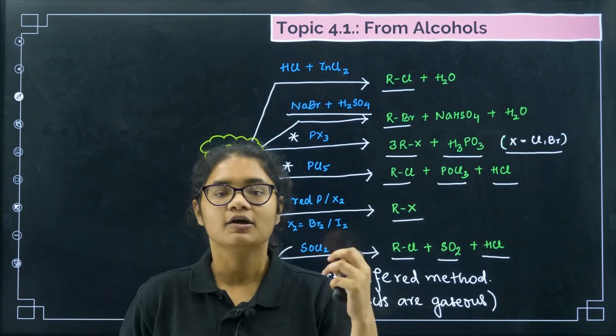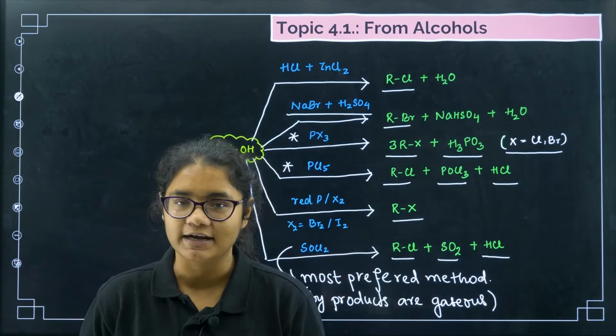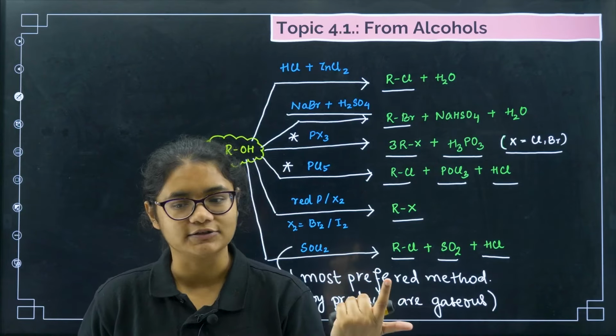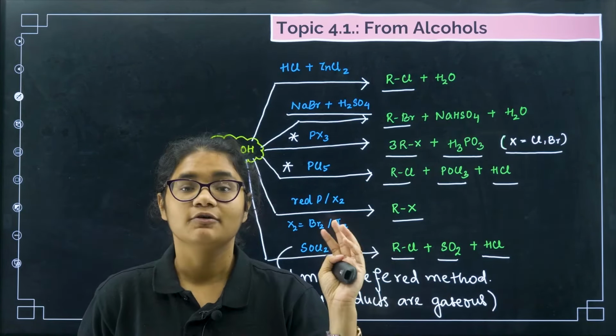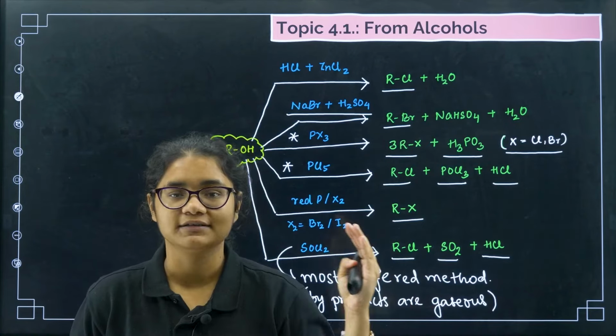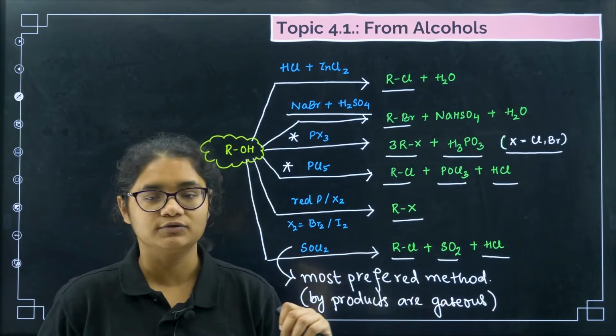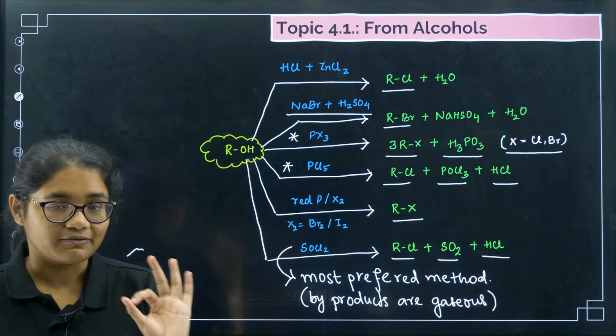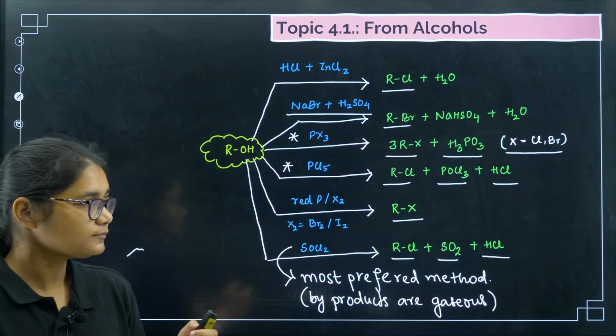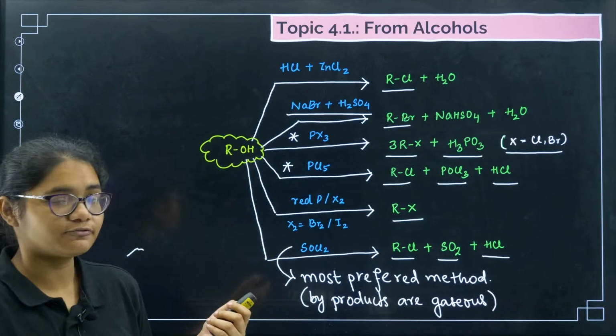Again let us recall. First one is HCl, ZnCl2. Second one NaBr, H2SO4. Third one PX3. Fourth PCl5. Fifth one X2 with red phosphorus. Sixth one is your SOCl2. Here you should remember SOCl2 is the most preferred method. Clear?